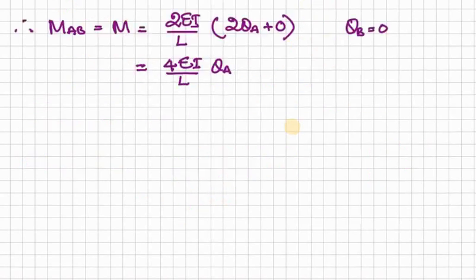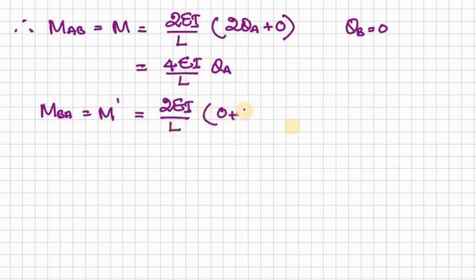Next, MBA, which we assume as M dash, is equal to 2EI by L into theta A. But actually this value is equal to M by 2.